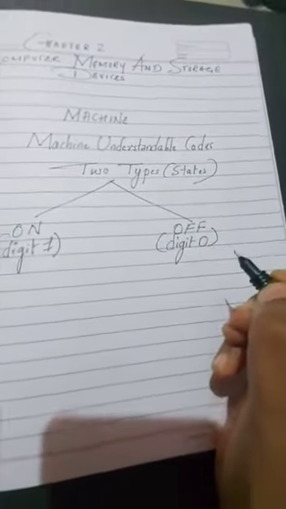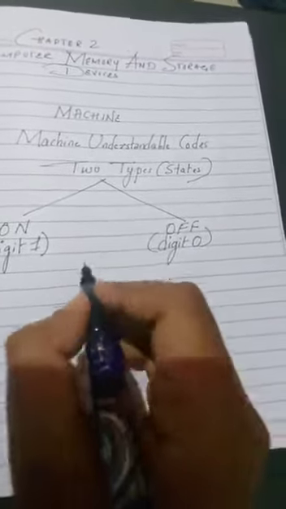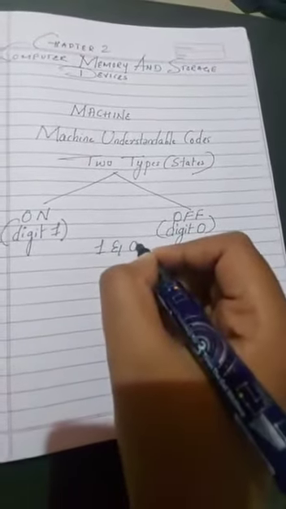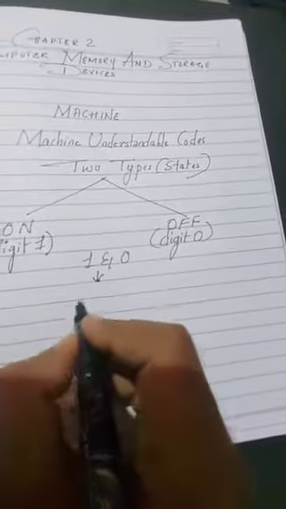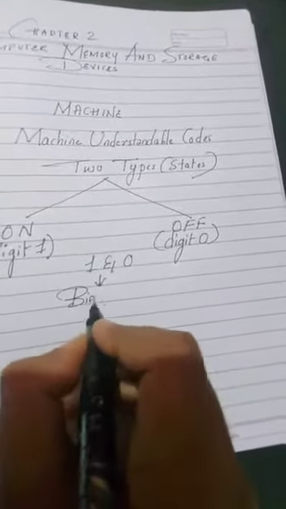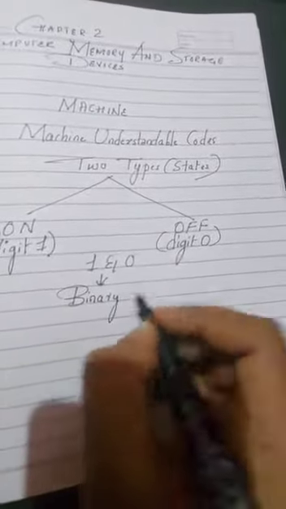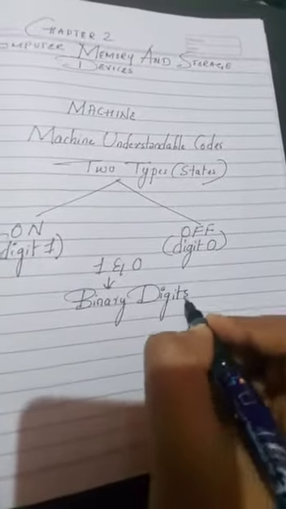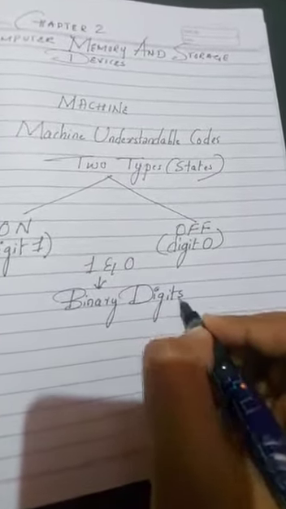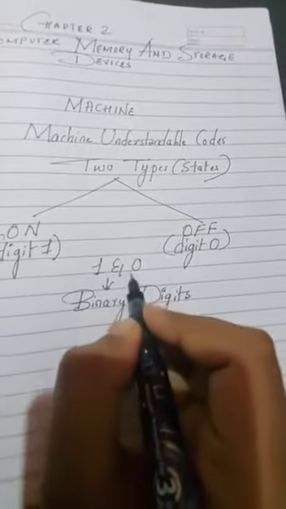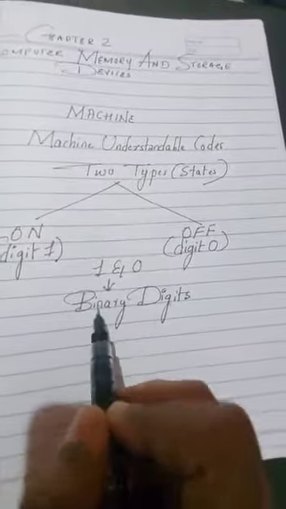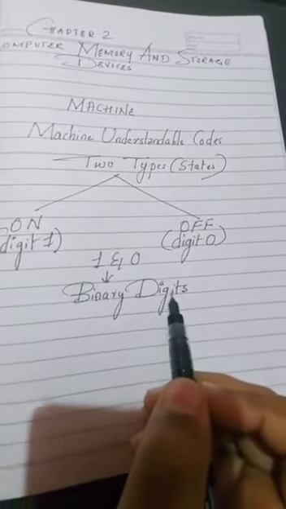So this is on and off. So 1 and 0, these are called what? Binary digits. Why binary? Binary means there are only two numbers, 1 and 0.